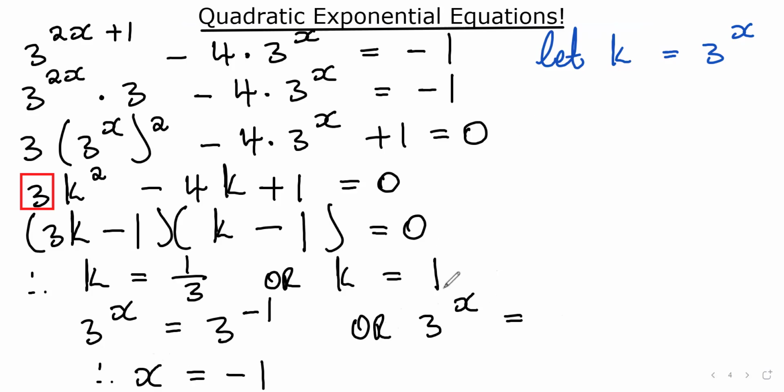Because we know that if we have 3 to the power x, which is equal to 1, we have to use the fact that any number to the power 0 is 1. And now we can gladly say x equals 0.